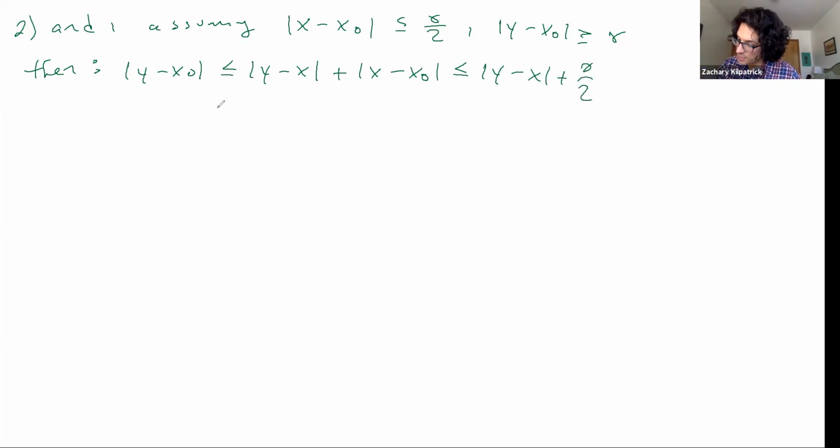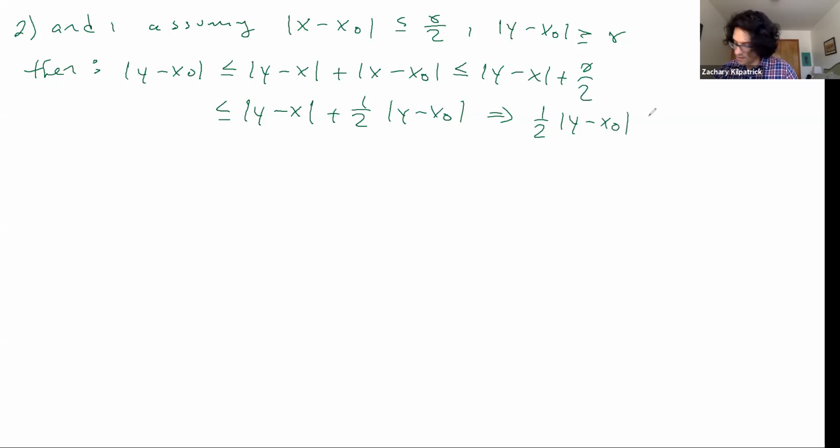This is bounded from above by y minus x plus 1/2 y minus x0, okay? And so this implies that 1/2 of y minus x0 is bounded from above by y minus x, okay?